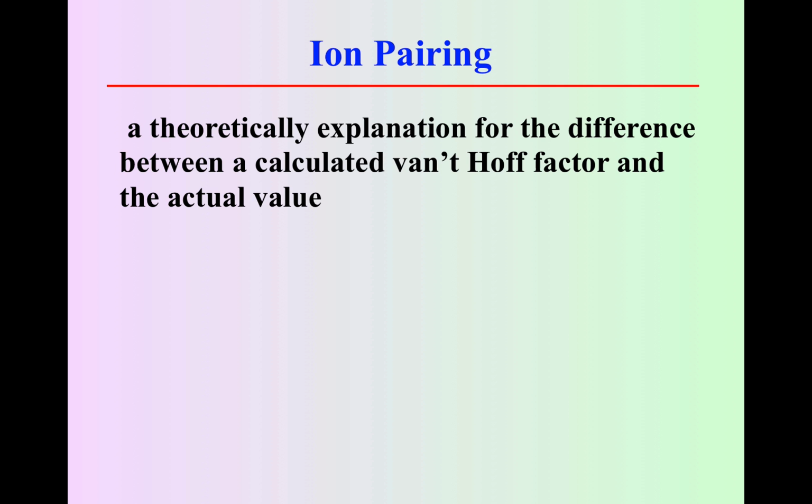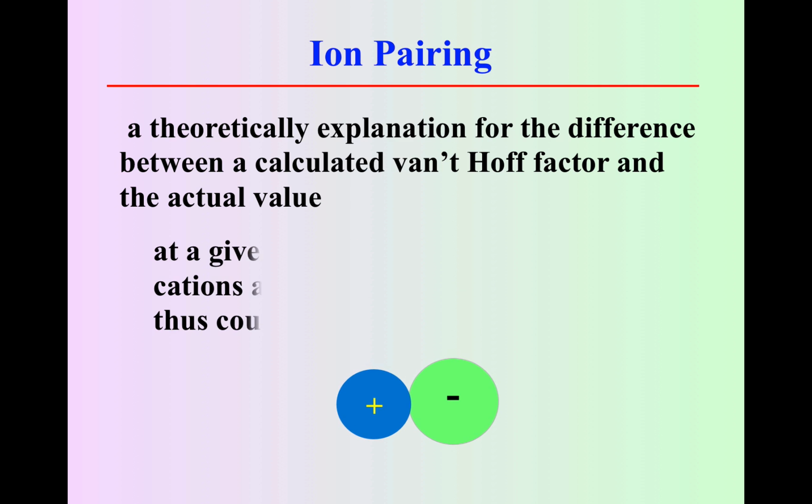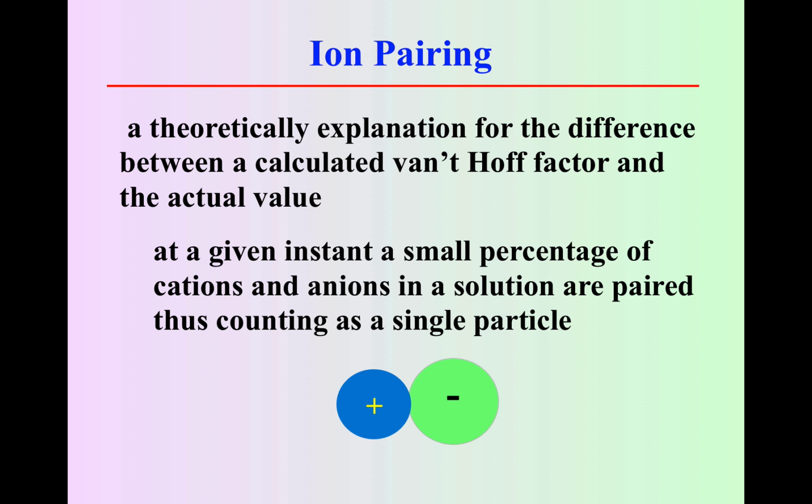The theory is what they call ion pairing, that these ions aren't truly separating enough to be considered separate particles. So when you have something like magnesium sulfate, the magnesium ion and the sulfate ion are kind of finding each other and staying stuck together as a single particle. So when a mole of magnesium chloride, which is soluble, breaks apart, it's not quite breaking apart into magnesium ions and chloride ions.